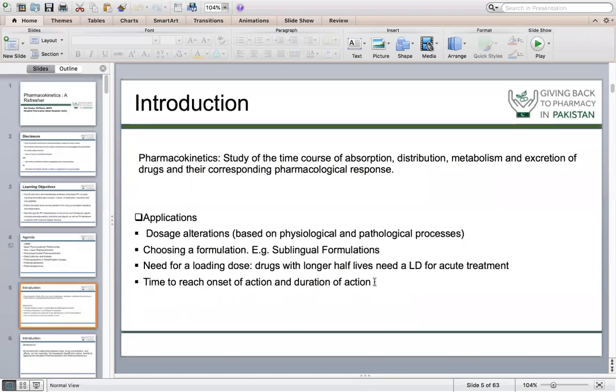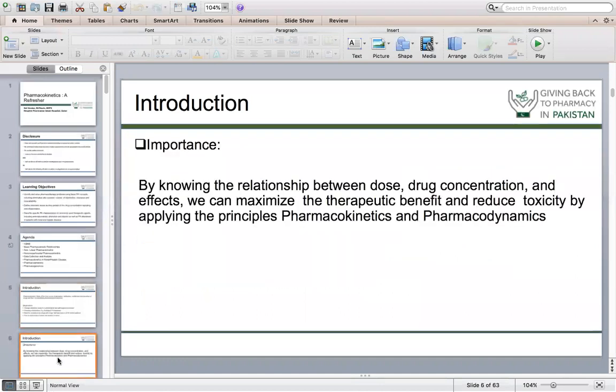The principles of pharmacokinetics also help us to determine how rapidly a drug will appear at the site of action and how long it will stay at the target organ. So we can determine onset of action and duration of action by applying these principles. And the importance, by knowing the relationship between dose, drug concentration, and effects, we can maximize the therapeutic benefit and reduce toxicity by applying these principles, right?